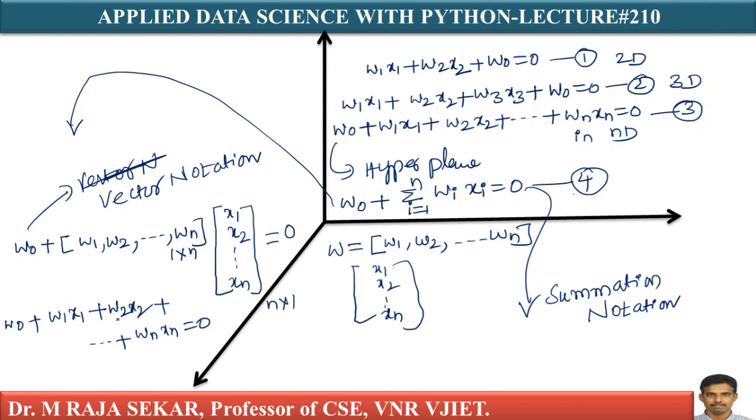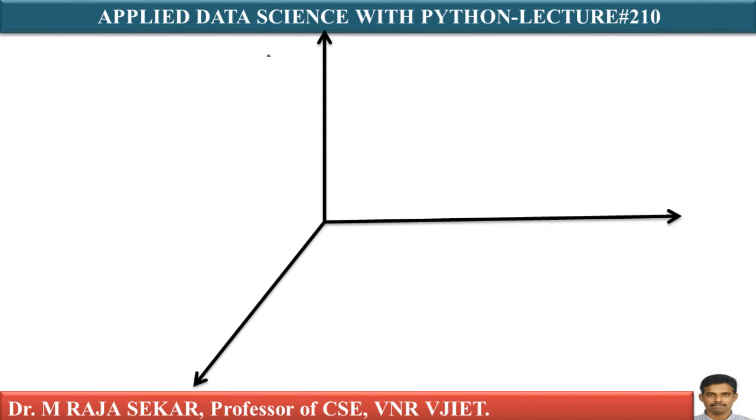Let me rewrite things here. I can think of W1, W2, so on Wn as a vector W. This is W. And this another vector, what is that vector?